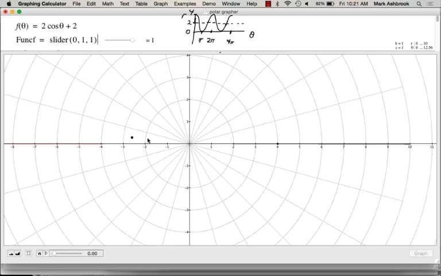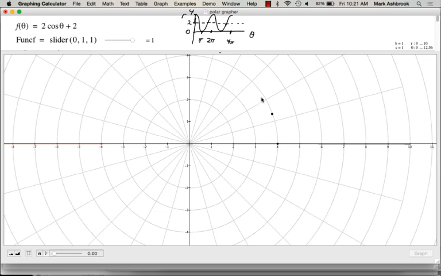Goes from what to what? Most of you got the graph, so it tells you as theta goes from 0 to pi over 2, r goes from 4 to 2. So at 0, we're going to start here at 4. That's why that point's there.